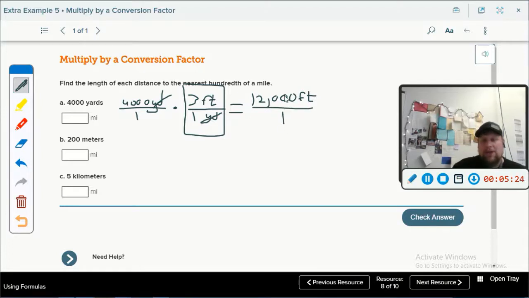But I need to change this now to miles. So again, I want to get rid of feet. So how do I get rid of feet? By putting it on the denominator. Whatever unit you want to get rid of, you put on the opposite side of the fraction sign. And here's what I do know. Are you ready for this? I want to end up with miles up top.